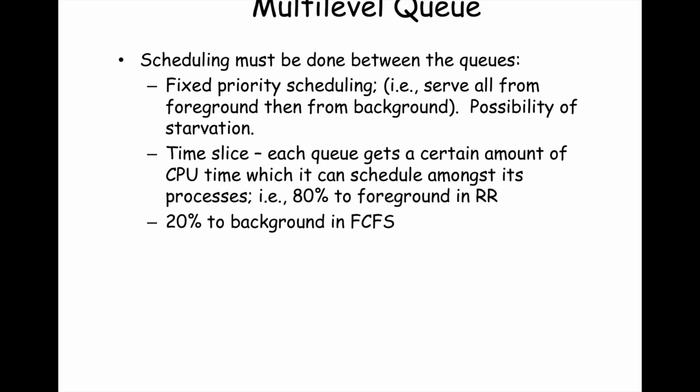You partition these processes based on the type of work that they do and send them to a different ready queue. In this particular example, the foreground queue holds any processes that interact with the user, like graphics and keyboard, and the background queue holds those things that don't interact with the user. Okay. Any questions about this?